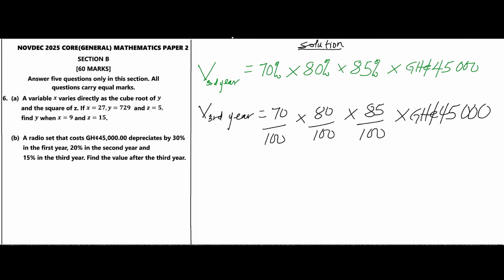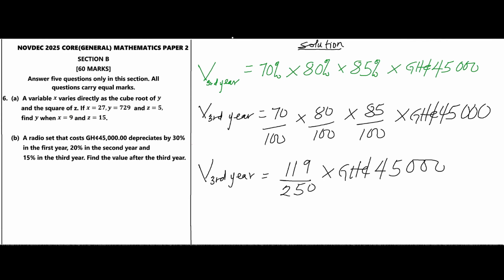So the value after the third year, this is giving us 119 out of 250. So this multiplied by 45,000 cedis.